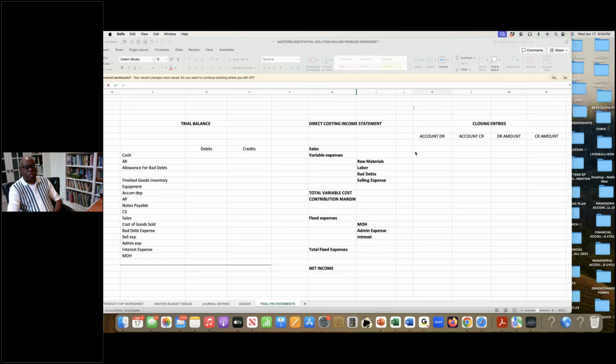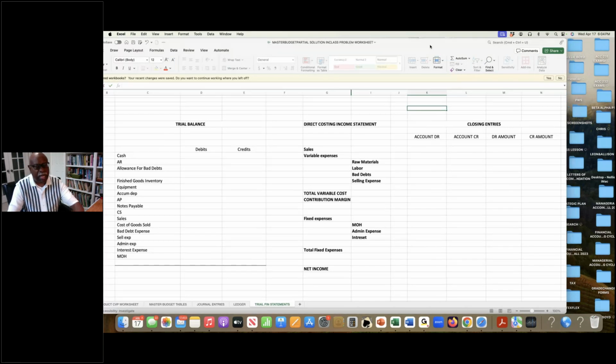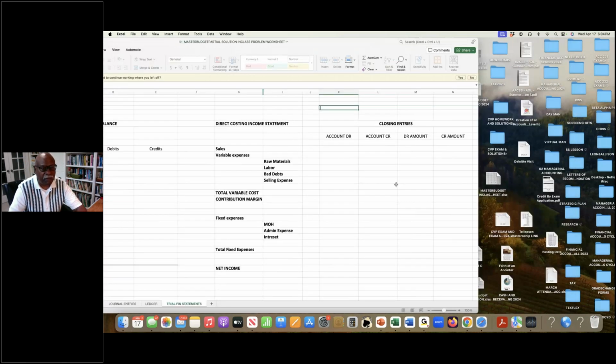Okay, so let's talk about closing entries for a second. As you remember, we have a direct costing income statement, and there are three closing entries that we made.